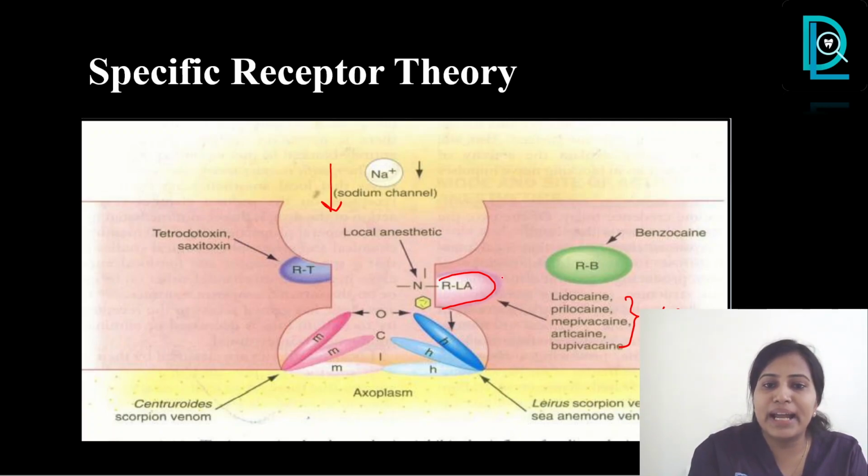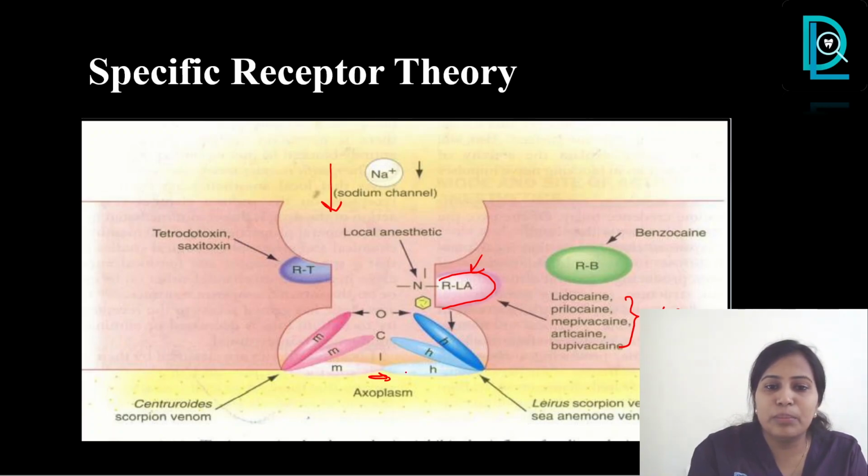So when they come and attach to this receptor, what happens? These are the openings and closings. This is the closed state, right? And this is the open state. These channels will get closed when the local anesthetics get attached to these receptors.